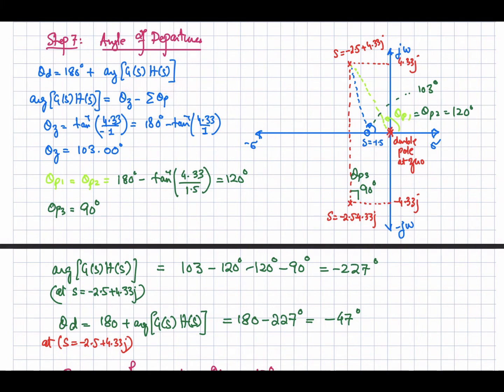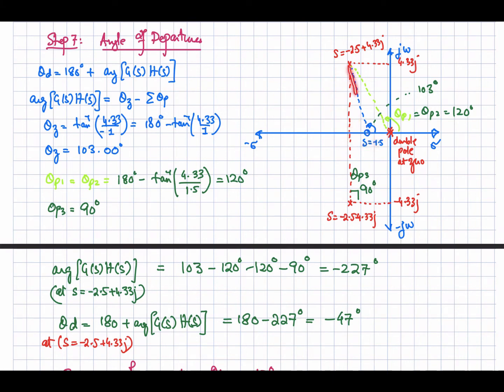So angle of zero, there is one zero over here. Now let's look at this diagram, and we need to find this angle. This is at minus 1.5 and this is minus 2.5, right? This is minus 1.5. So what about this length? This is equal to 1. And what about this length? This length will be equal to 4.33j, right?